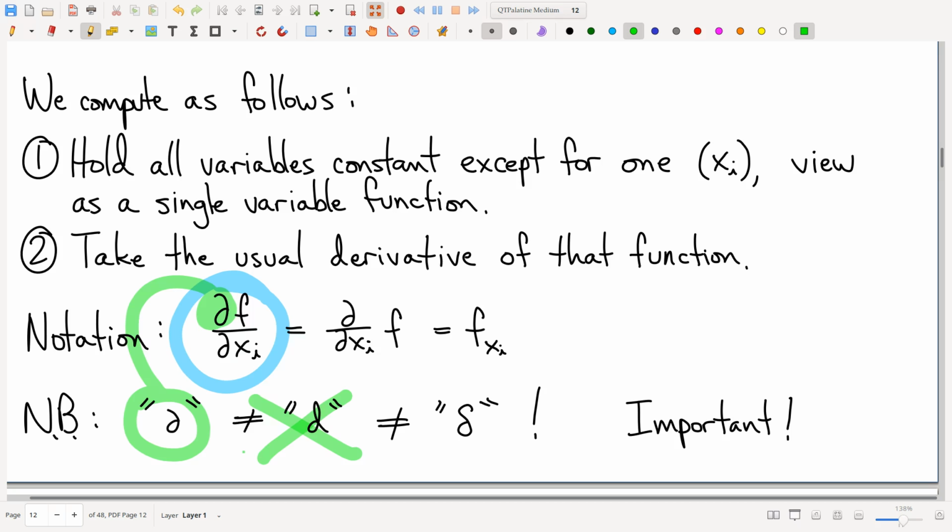So, annoying though it is, you have to be careful about making this thing that looks a lot like a D, make it conspicuously not a D. And by the way, it's also not a lowercase Greek letter delta. It's annoying. I literally think they just made up a brand new symbol when they did this. So that's the most common notation.